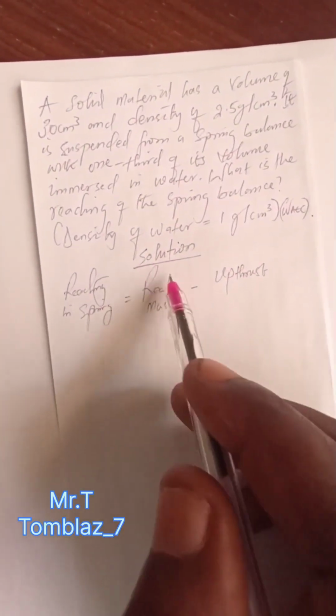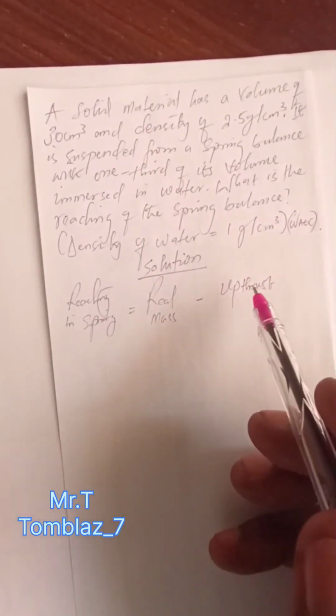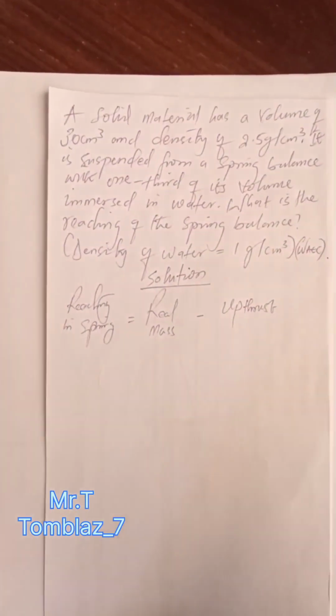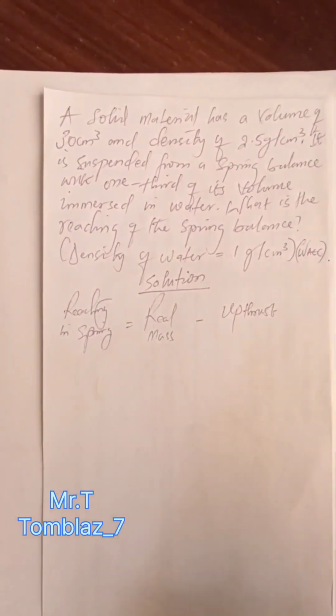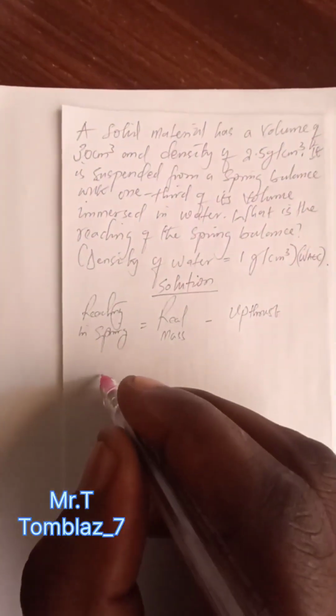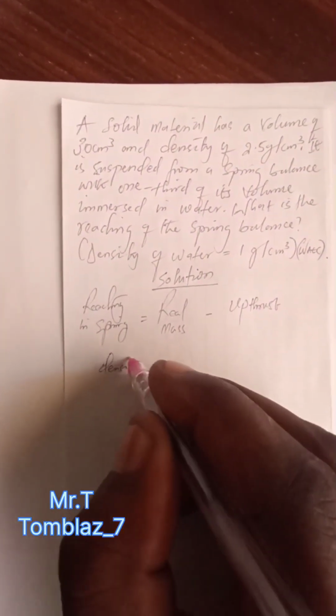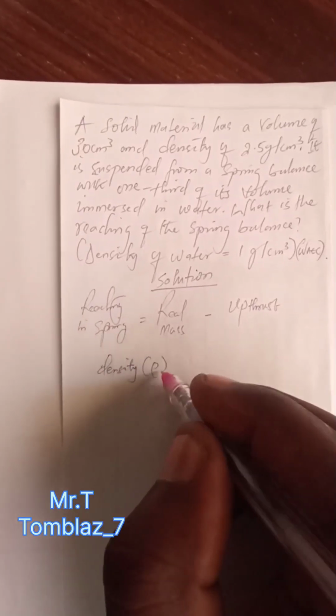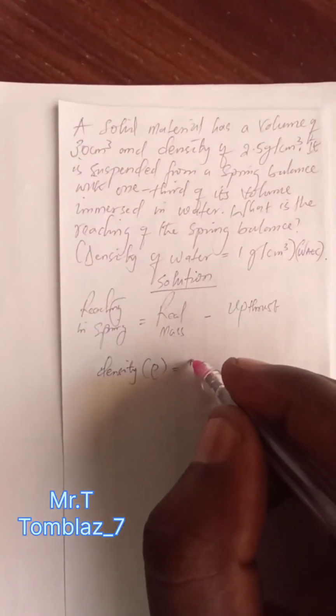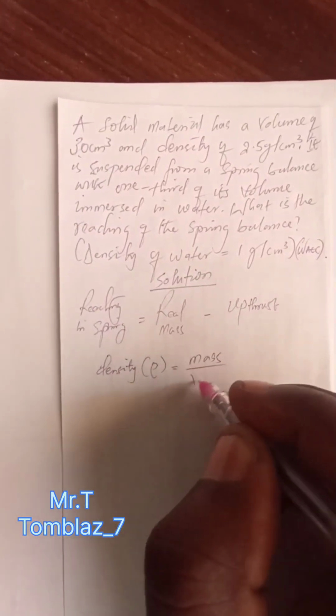Okay, so how do we get the real mass and how do we get the upthrust? Let's see the real mass. We know that density, which is rho, is equal to mass over volume.